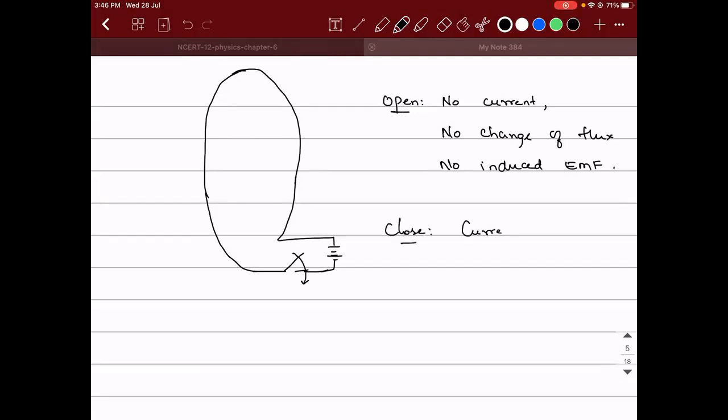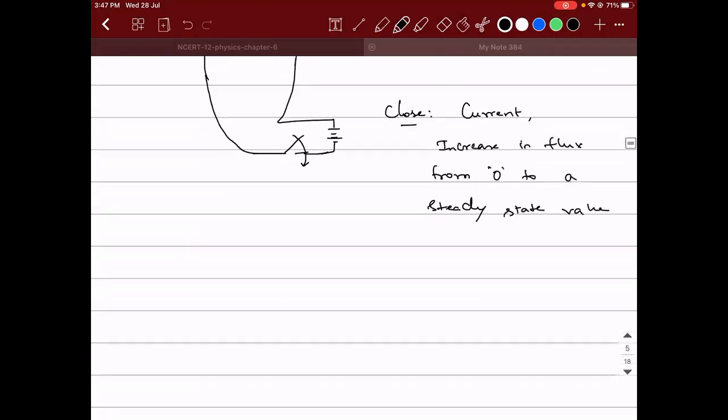There is current, and due to current, there is an increase in flux from where? From this place, 0 to a steady state value. When that is happening, then there will be a flux change that is going to happen.